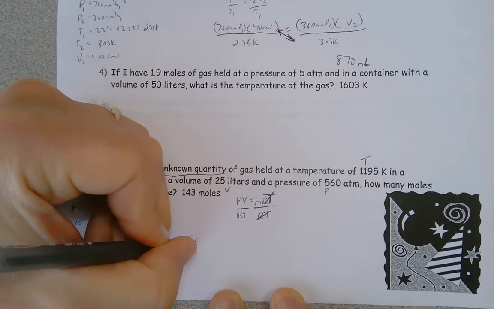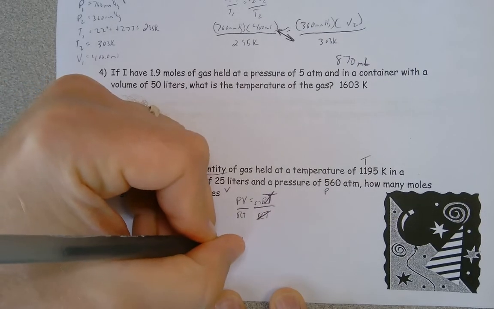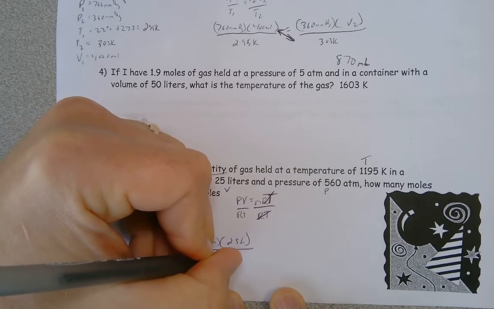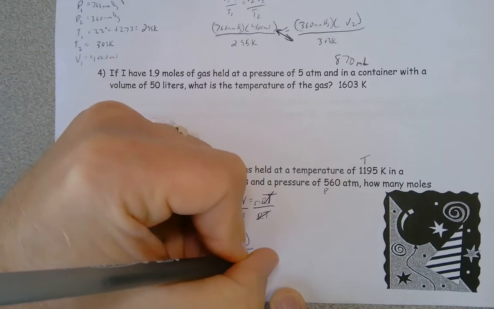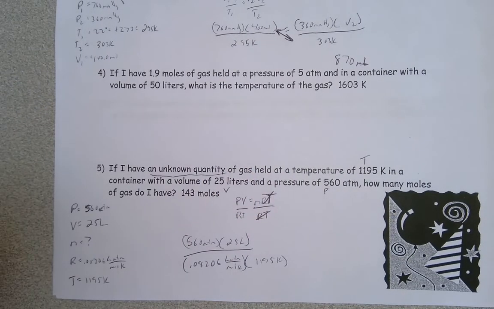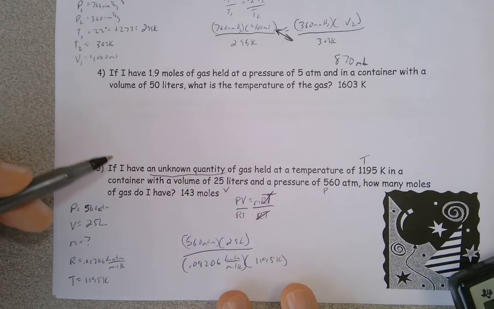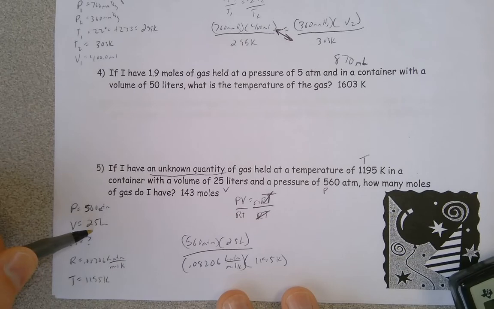So pressure, 560 atmospheres, times volume of 25 liters, divided by 0.08206 liters atmospheres per mole Kelvin, times 1195 Kelvin, right? So 560 times 25 divided by 0.08206 divided by 1195, and that's going to give us 142.7. So it looks like I was actually a little sloppy when I made this and left 3 sig figs here, which really we only have 2 here and 2 here.